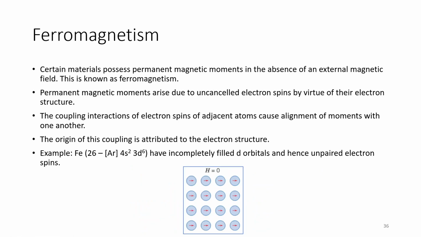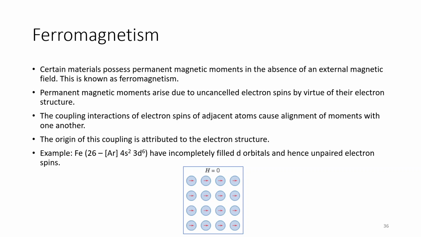Next up we have ferromagnetism. Certain materials possess a permanent magnetic moment in the absence of an external magnetic field, which is known as ferromagnetism. Permanent magnetic moments arise due to the uncancelled electron spins by virtue of their electron structure.